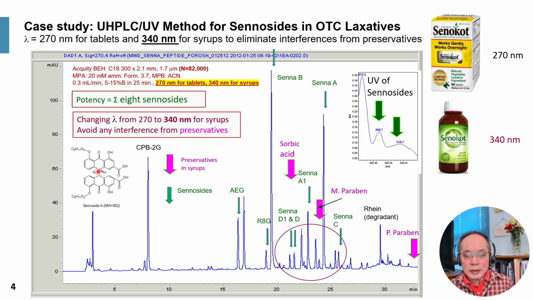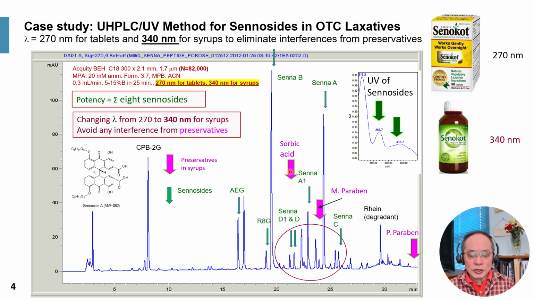Now, it turned out that with the method being validated at 270, we would like to use the same method if possible for a different drug product, which is a syrup. Unfortunately, in the syrup there are preservatives being used, which are sorbic acid and methylparaben, and which actually interfere with some of the API components.